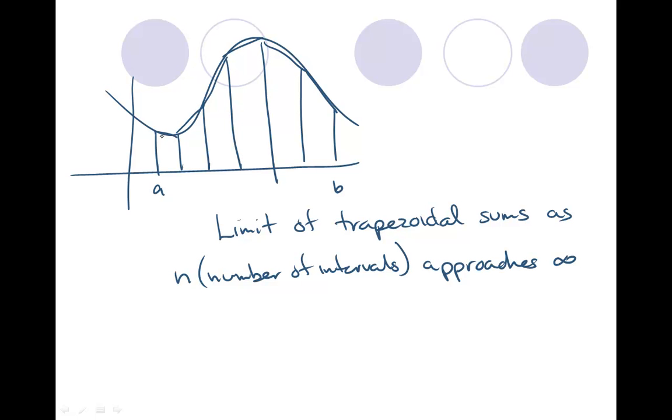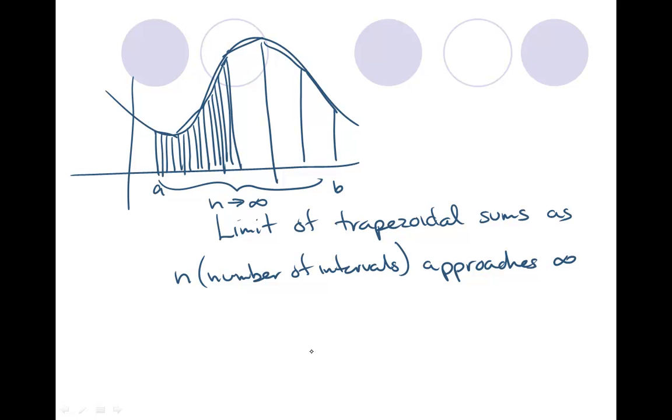infinity. In other words, if I take more and more subdivisions, if I make these segments smaller and smaller, as the number of divisions approaches infinity, you can see that the error at the top of each trapezoid becomes smaller and smaller. Therefore, if we take the limit of the trapezoidal sums as n approaches infinity, we can get an exact value for the definite integral.